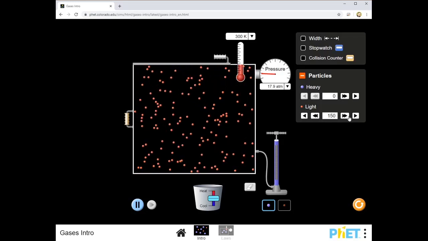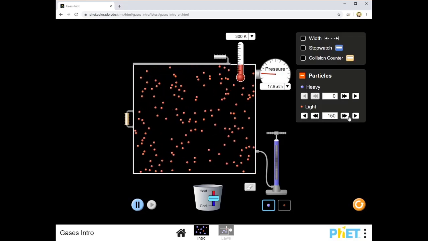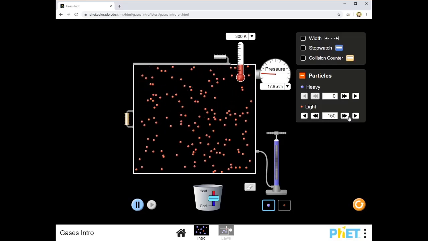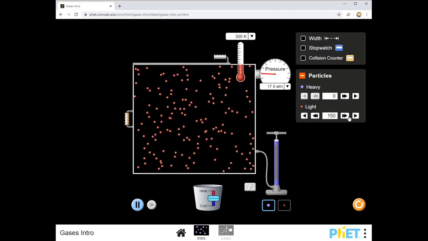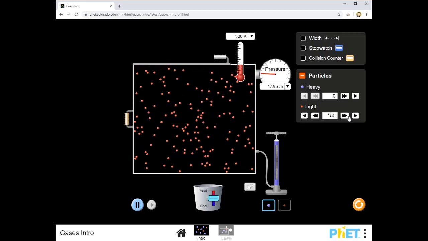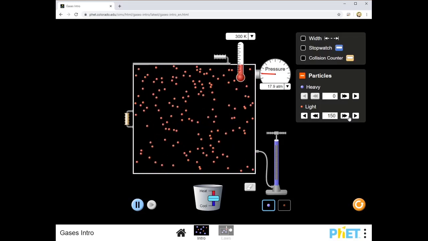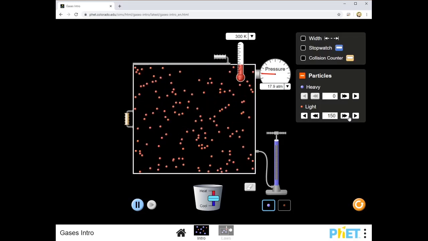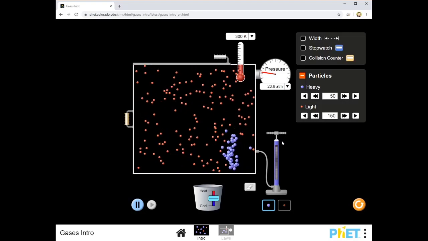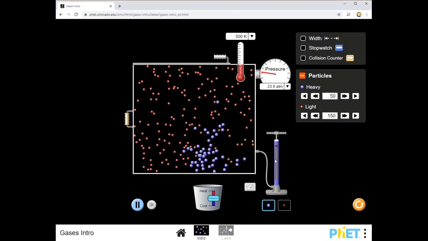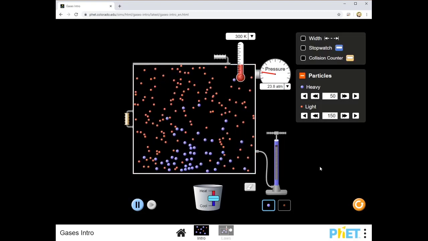Well, what is gas? Gases are molecules. Most of the molecules in our atmosphere are nitrogen molecules. And then the second most abundant kind of gas is oxygen. So you got nitrogen and oxygen. Here, how about if I add some different gas molecules, different sizes.